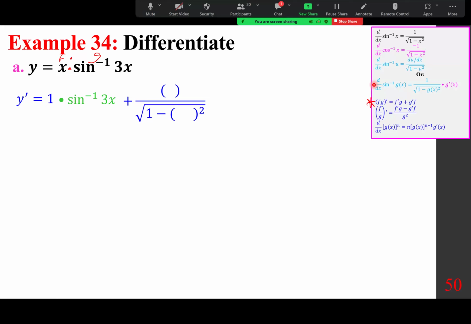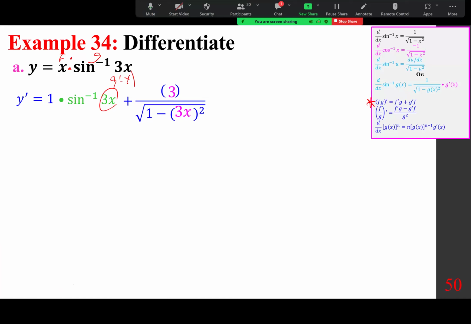The numerator, first of all, this is 3x. And 1 times g prime of x. This is your g of x, okay, everybody? This is your g of x. So the answer is 3, okay, and 3x here.